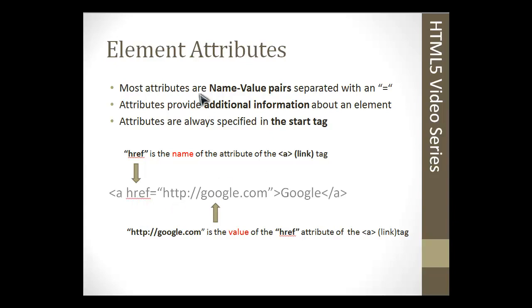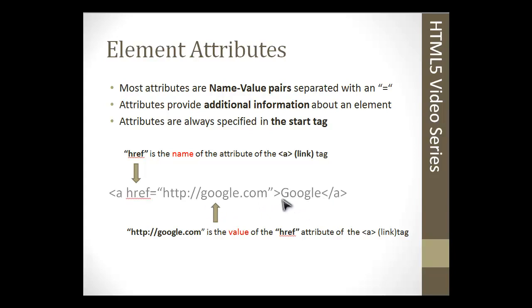Most attributes, if not all, are in a name value pair separated with an equal sign. So here we can see the attribute name is href and the value is http google.com, which is the link. And just like before, we have the text wrapped in an A tag, which is a link tag, and we have the text Google.